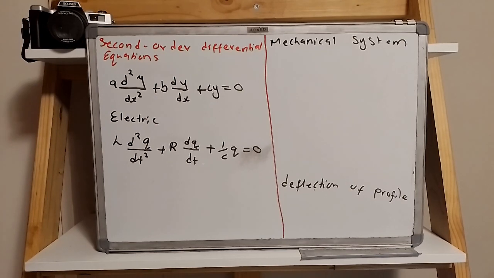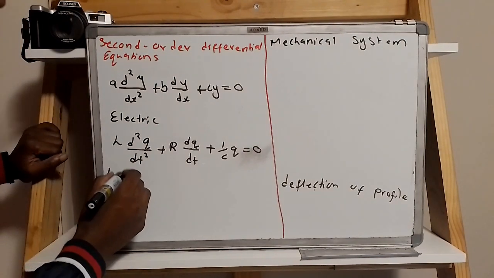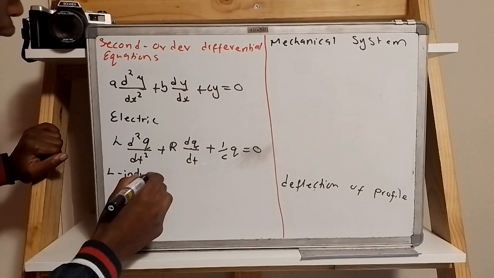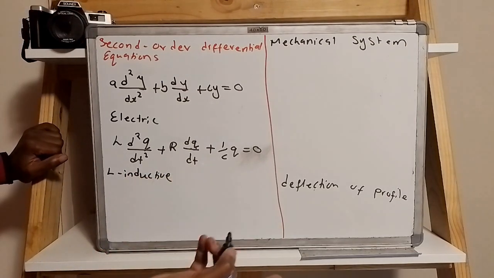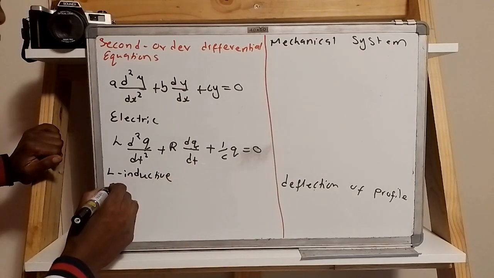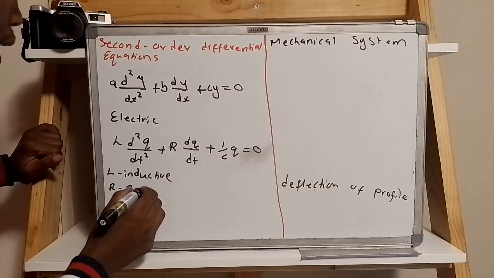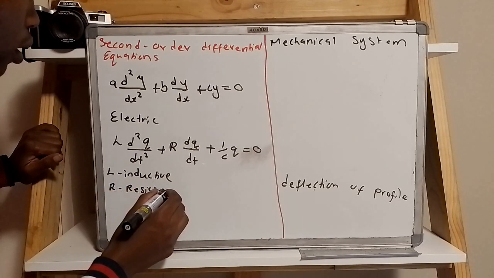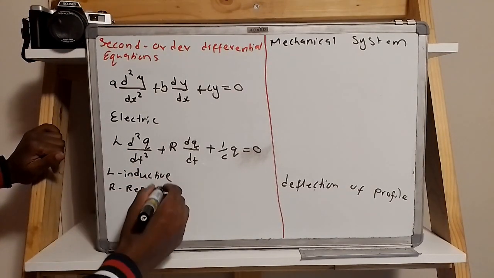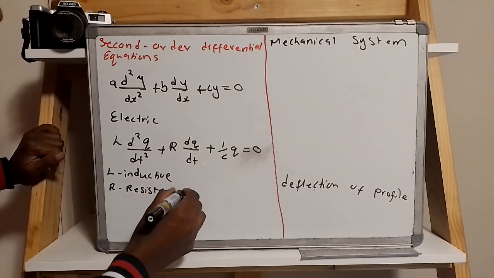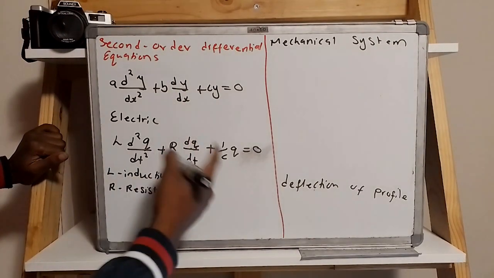Now, where L represents what? The inductance or the inductor. R represents the resistor or the resistance. Let's just say the resistance, right?